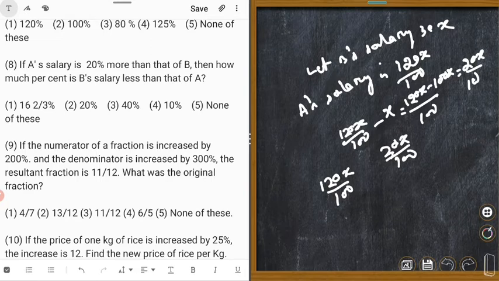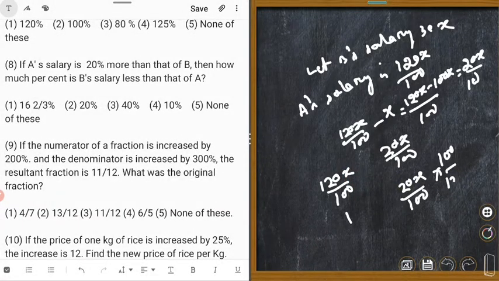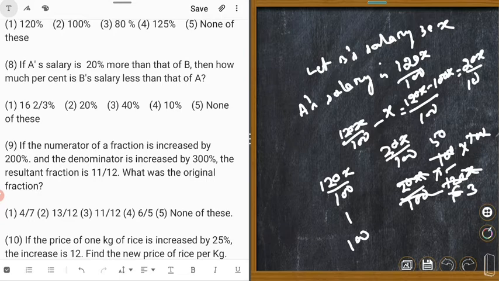So when A's salary is 100, B will be less by 20x upon 100 into 100 upon 120x. The 100s cancel, the x cancels, and we get 50 upon 3, which is equal to 16 2 by 3%.